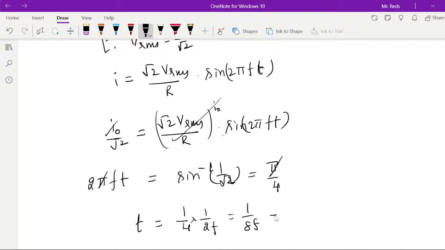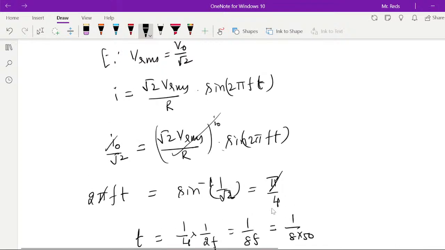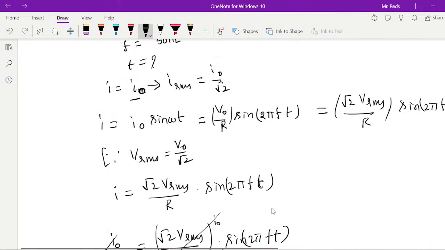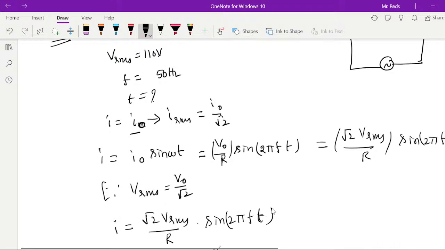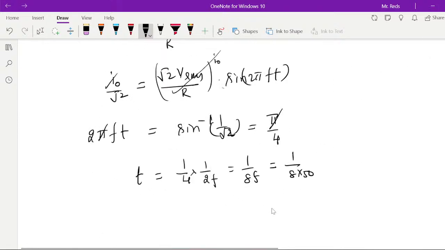But frequency is given. What is frequency? 50 hertz. So it is 1 by 8 into 50. Check it out, 50 hertz only, right?